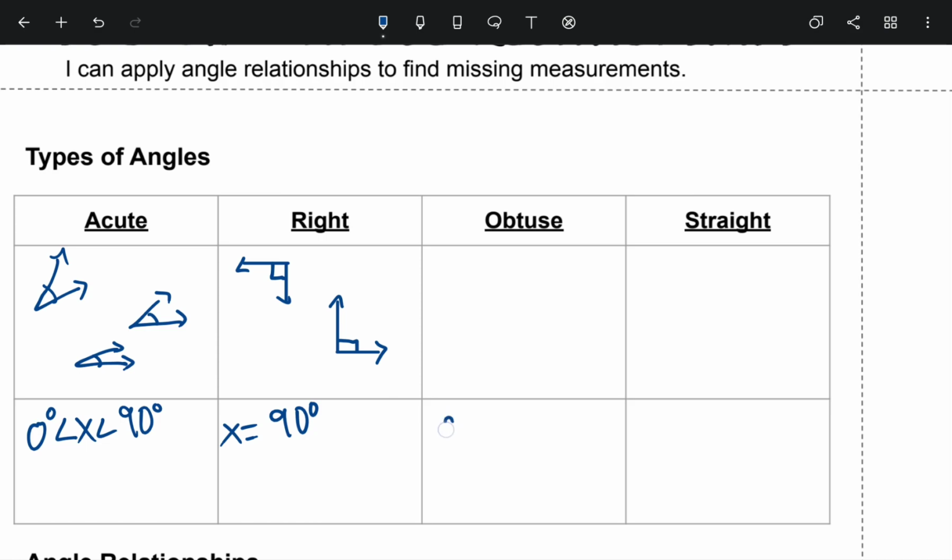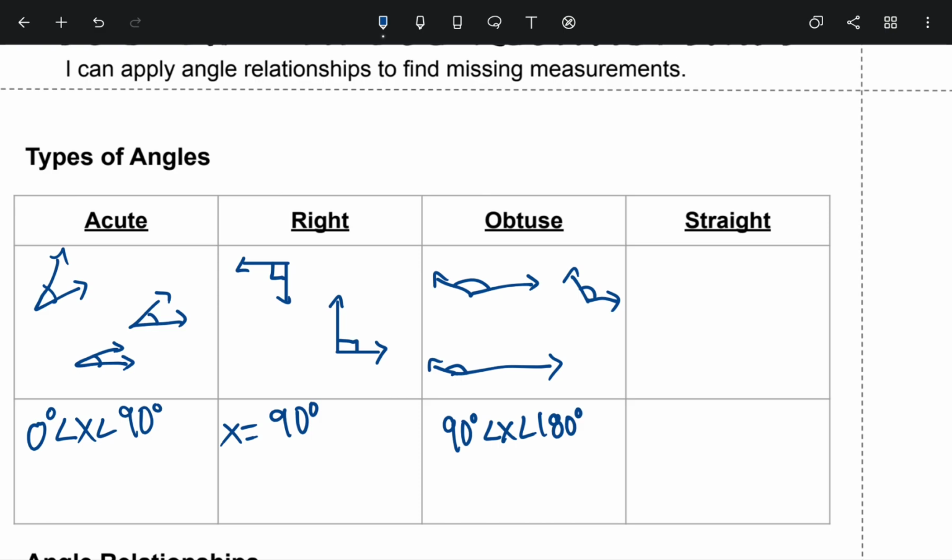Obtuse angles are greater than 90 degrees, but less than 180 degrees. So they will typically look something like this. Okay, not a straight line yet, but anywhere between 90 and 180 will give you an obtuse angle.